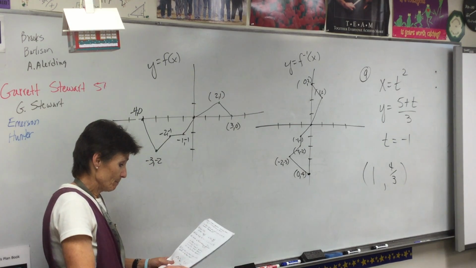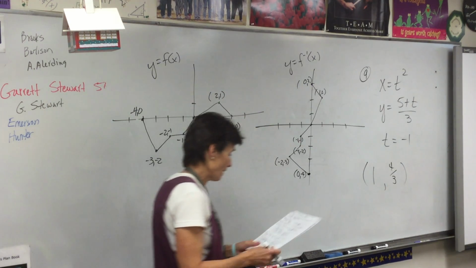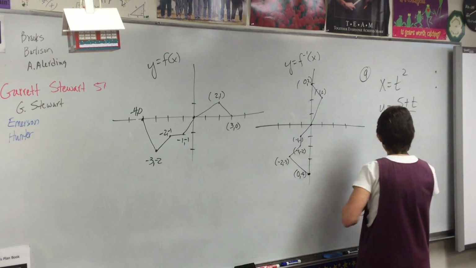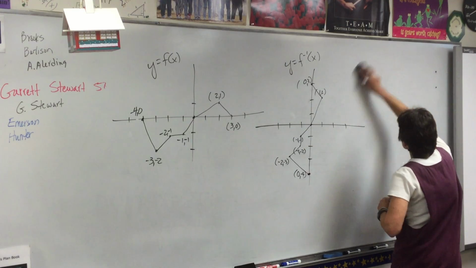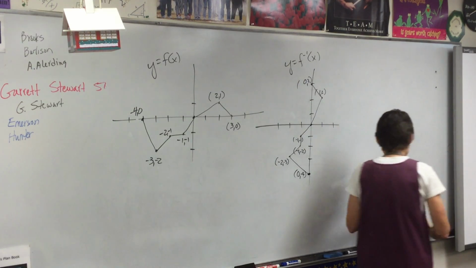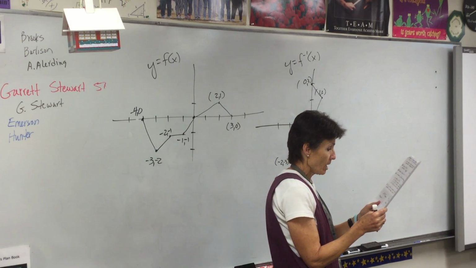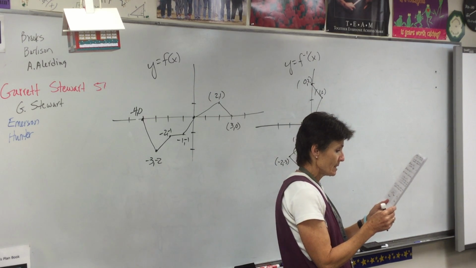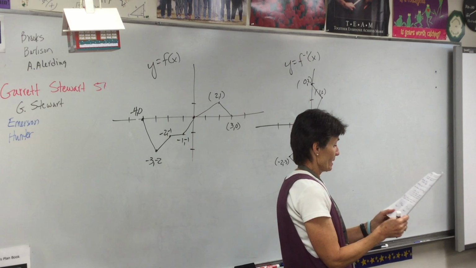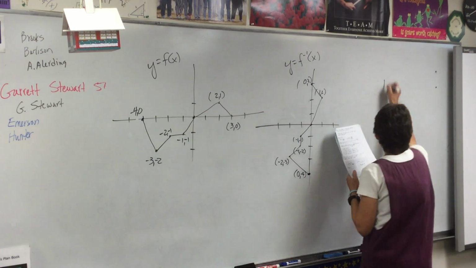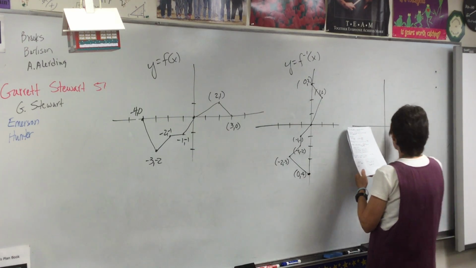Okay, number 11. Number 11. This is a little bit tricky. What's going on here? You have to figure out how we got from picture 1 to picture 2. Now, the hard part here is the axes don't show up very well.